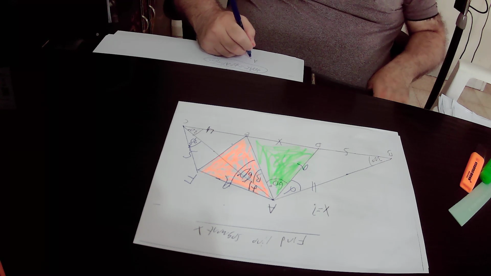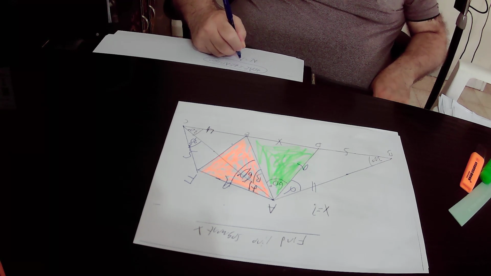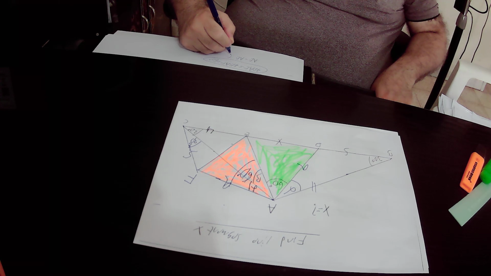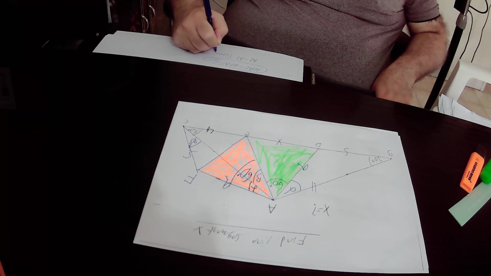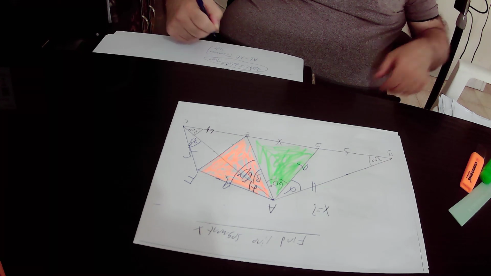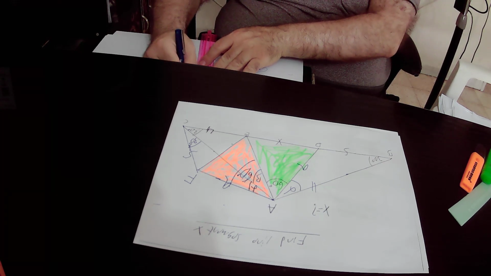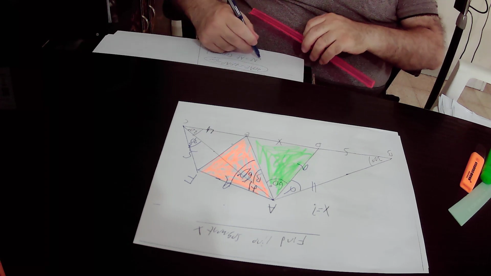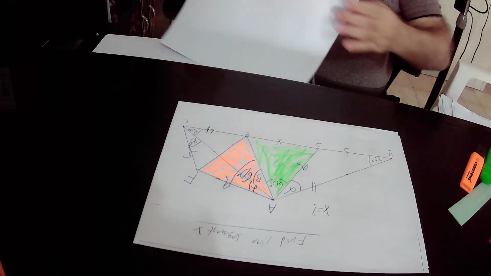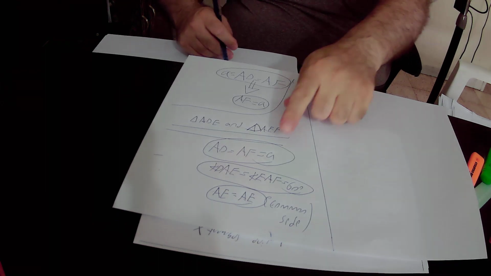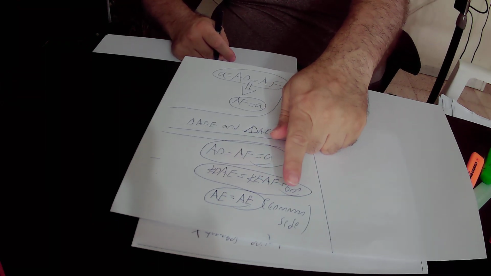AE equals AE is a common side that belongs to both triangles.